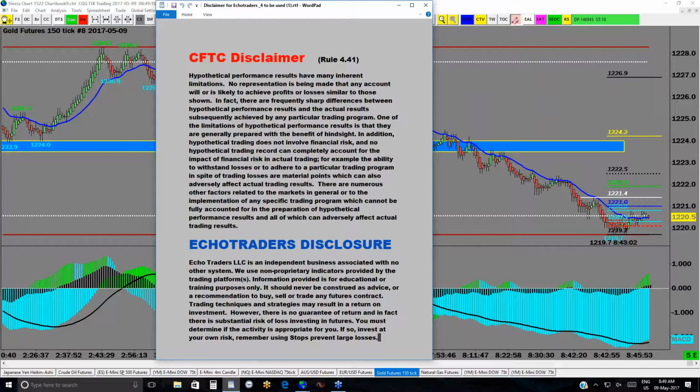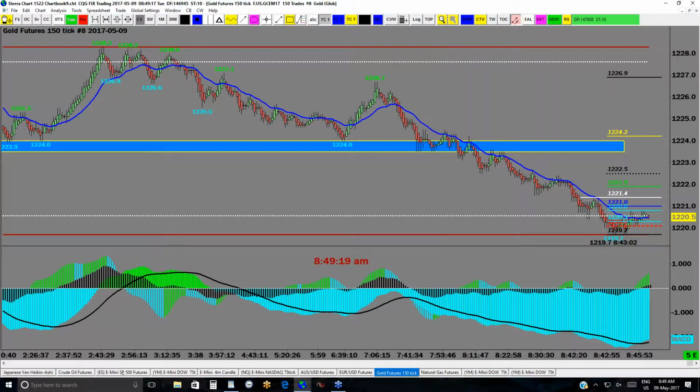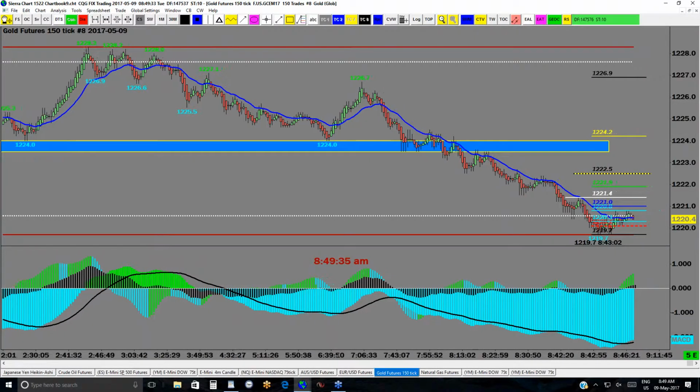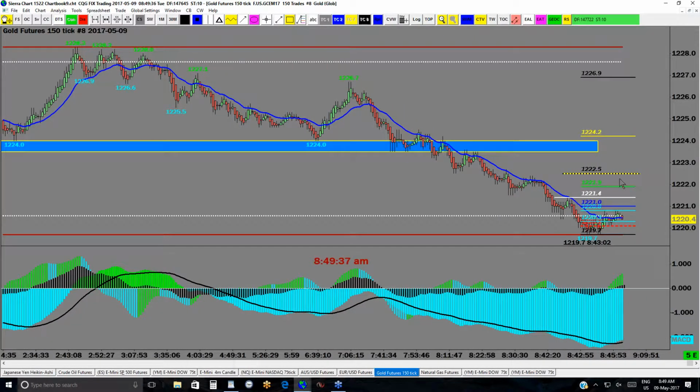We're on gold here in the room this morning, looking at target areas. So we're going to put the first money off target area here this morning on gold, and that will come in at 1222.5.